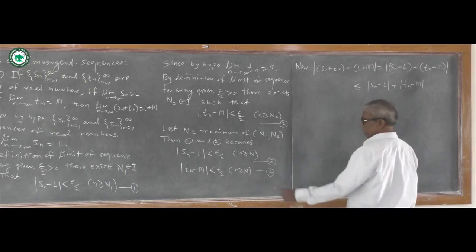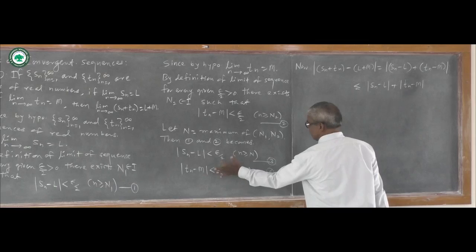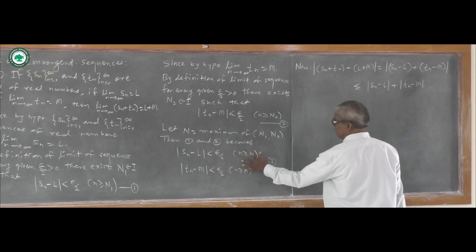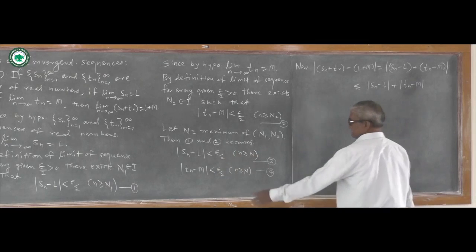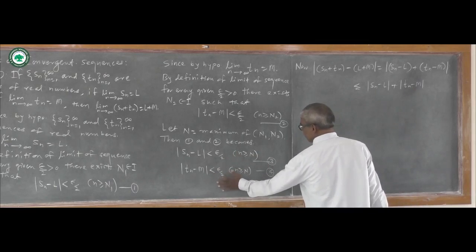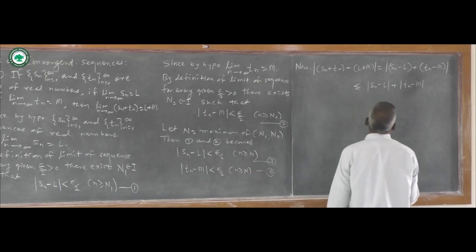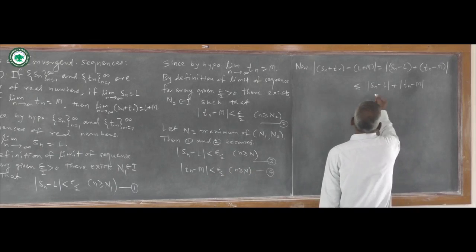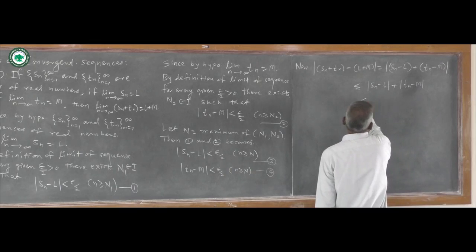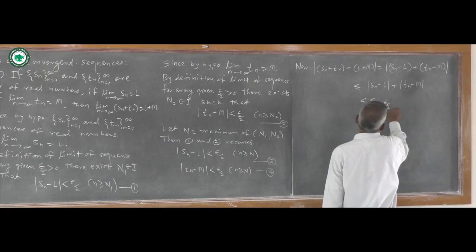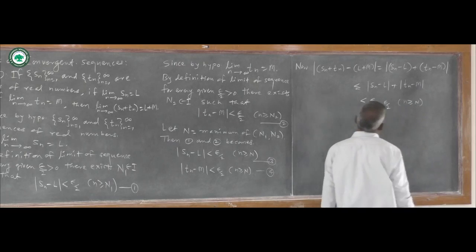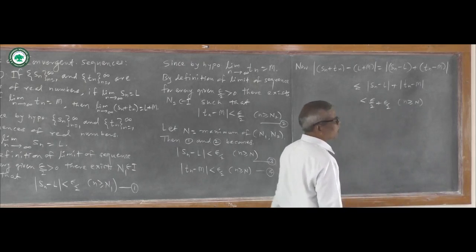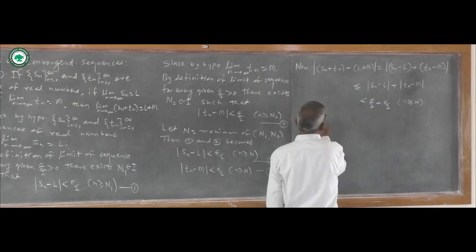Modulus of Sn minus L is strictly less than epsilon by 2 for all n greater than or equal to capital N, and modulus of Tn minus M is also less than epsilon by 2 for all n greater than or equal to capital N. Therefore, the sum is strictly less than epsilon by 2 plus epsilon by 2, which becomes epsilon.